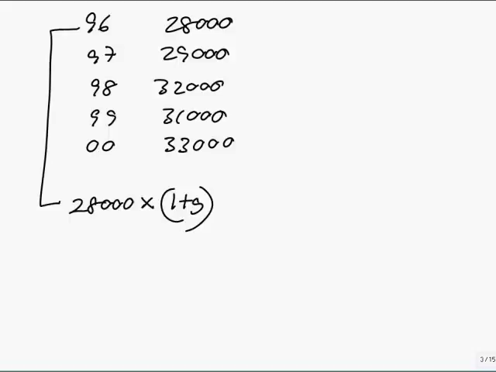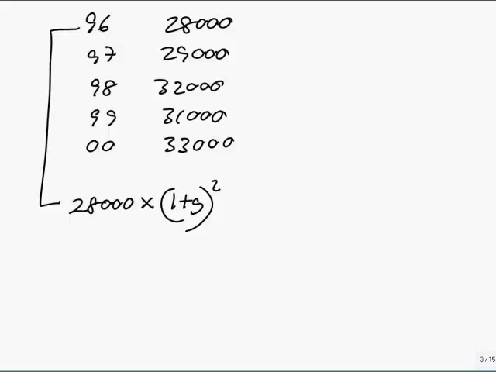Do you agree? After 2 years, would you all be happy with that? If it was growing at a constant rate, it would have grown to 1 plus g times 1 plus g, squared. After 3 years, 1 plus g cubed, and so on. If it was growing at a constant rate, each year you'd multiply by 1 plus g.